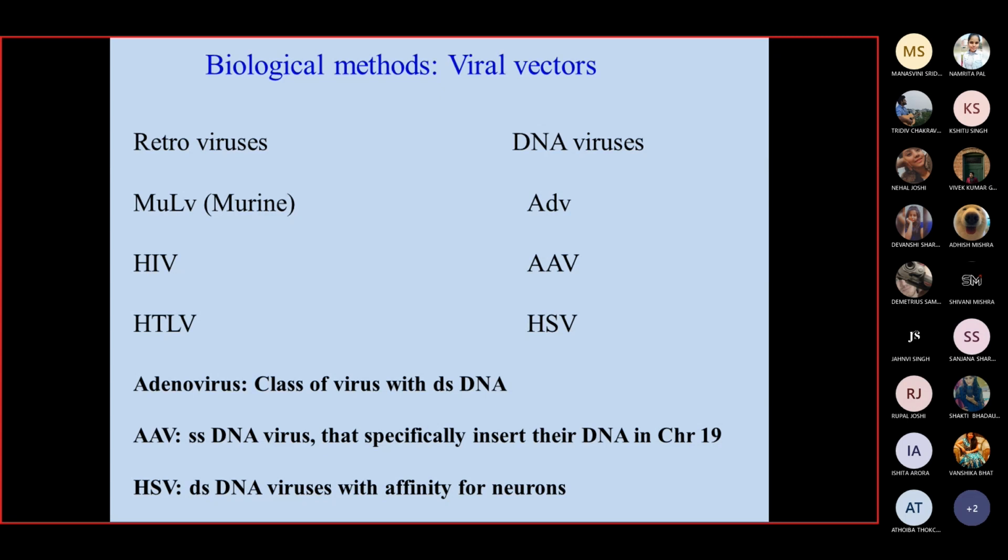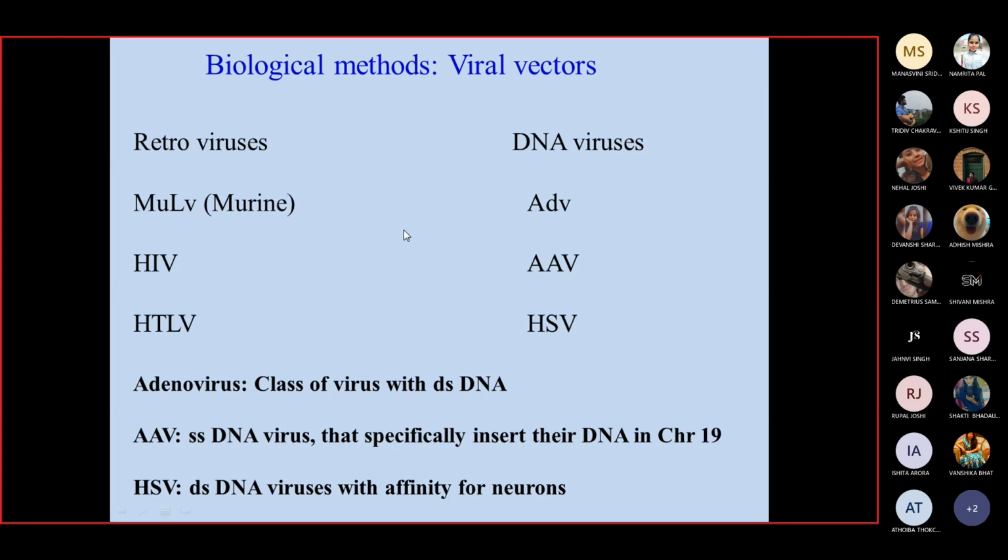Among DNA viruses, you have adenovirus, you have adeno-associated virus, you have HSV or herpes simplex virus. Okay, all these different viruses have certain non-essential genes in the genome. The non-essential gene can be removed and you can put in your foreign gene of interest.